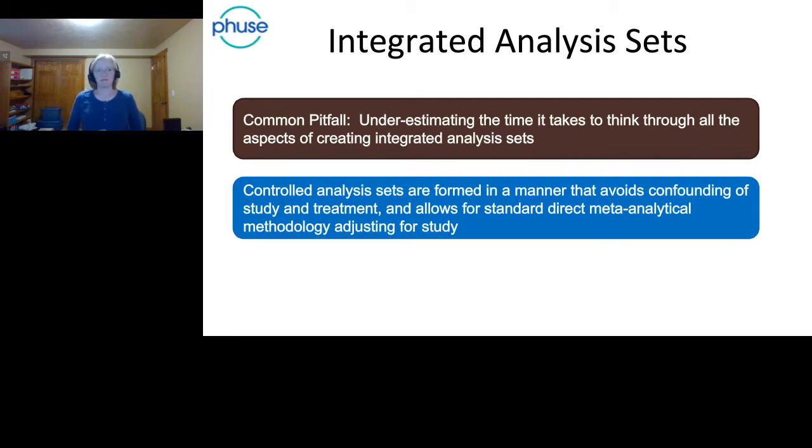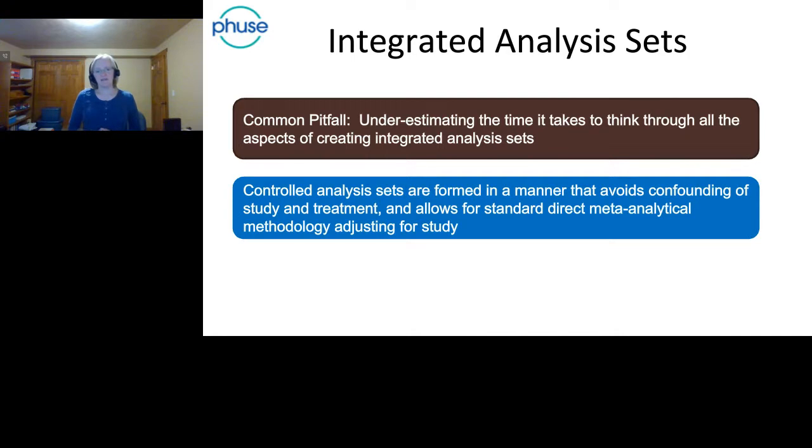Maybe if you have a simple clinical plan and very simple study designs, with studies that were all designed in the same way, it is not so bad. But more often than not, this can be a very complicated discussion, with a lot of different ways in which people might think through the scenarios and the data. So this usually does take a lot of time.